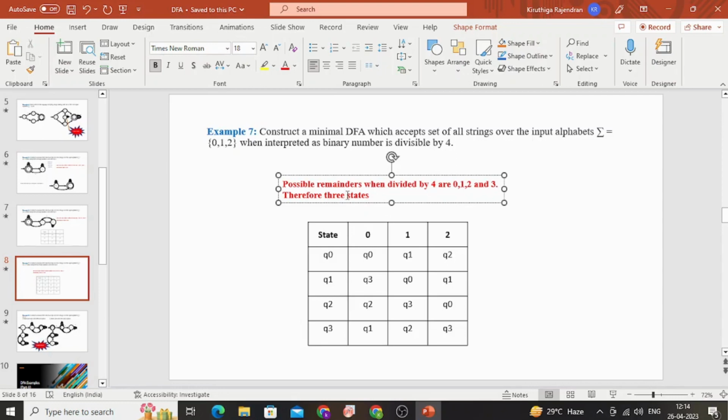Therefore, we have totally 4 states possible, 0, 1, 2, 3. These are the possible remainders, and there could be 4 states possible, right?